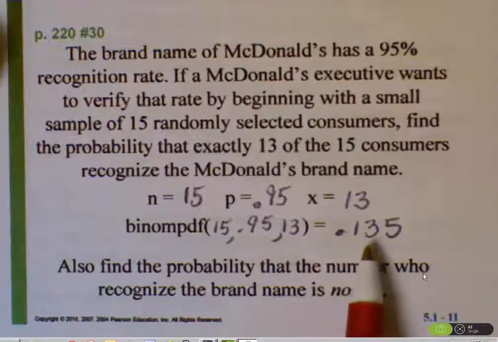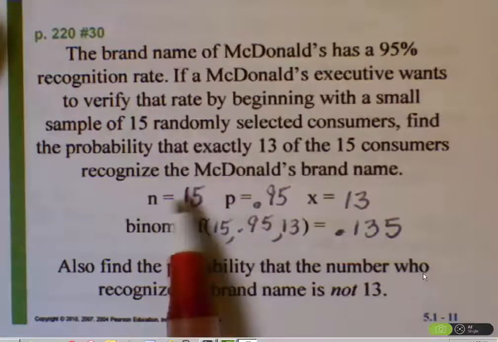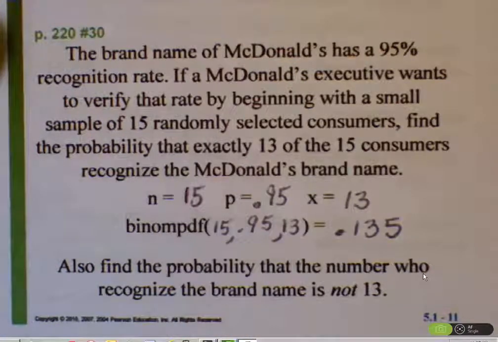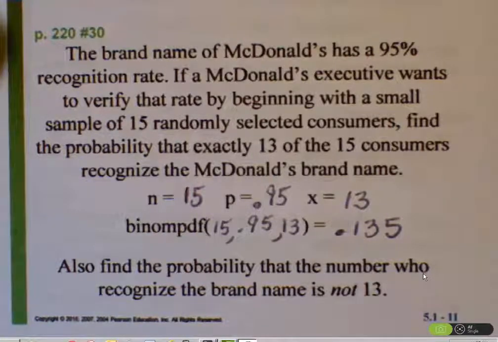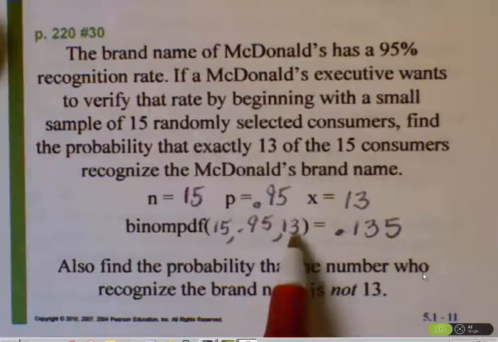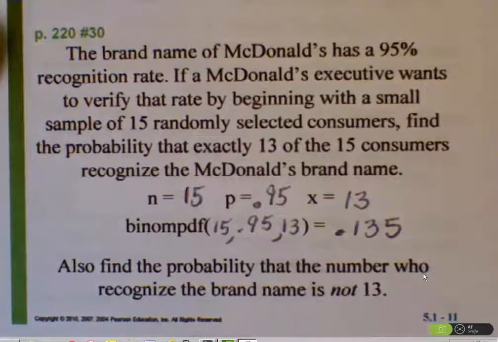There's only a less than 14% chance that 13 out of 15 will be the number who recognize McDonald's brand name. The reason that probability is so low is because it's much more likely that either 14 or 15 will recognize the name brand. If there's a 95% recognition rate, then you would expect more than this 13 to go, yes, I know what McDonald's is.